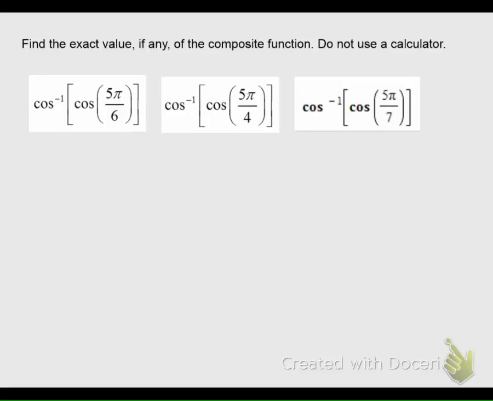Okay, here's some more with the cosines. And all three of these, the outer function is an inverse. So for all three, you need an inner value somewhere between 0 and pi. And I'm referring to these numbers. Need to be numbers between 0 and pi.